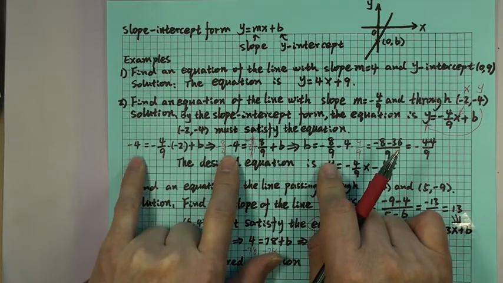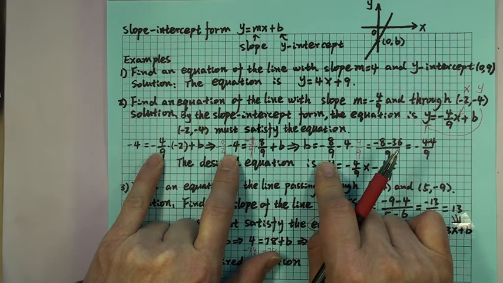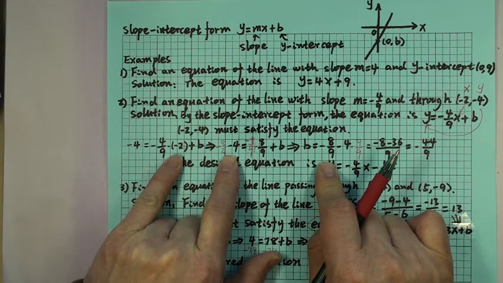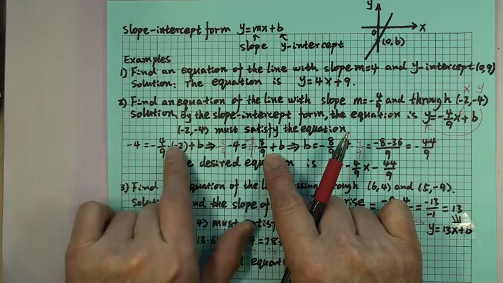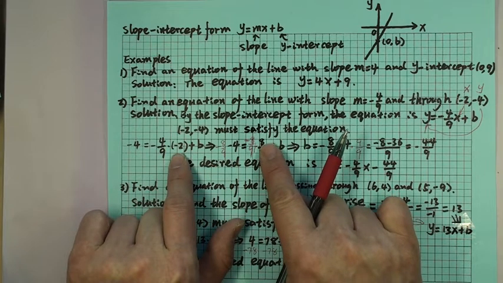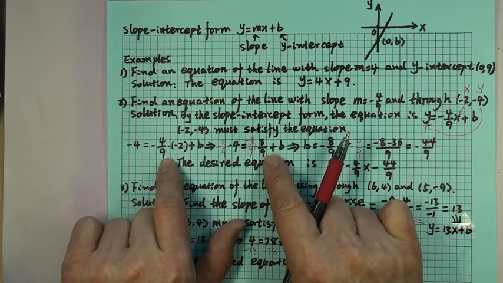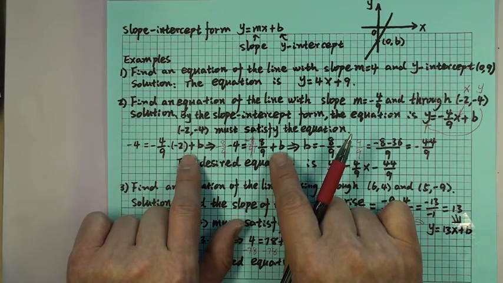Left-hand side is -4. On the right-hand side, you have -4/9 times -2, which gives us 8/9, because -4 times -2 is +8, and then over 9. And then we keep plus b.